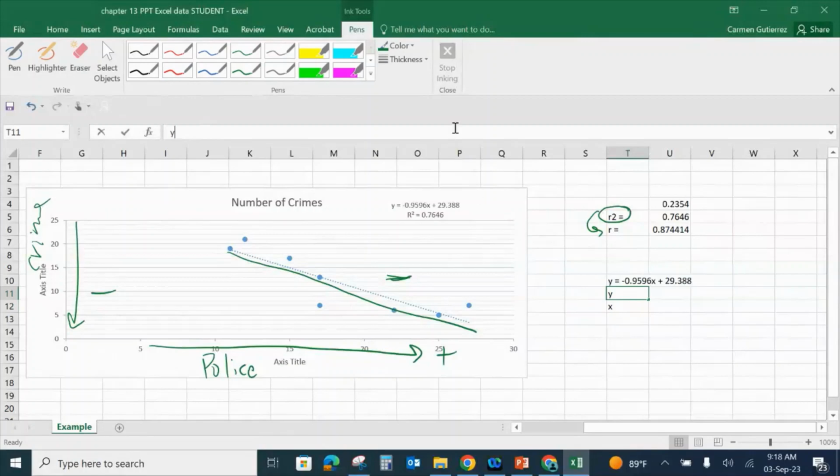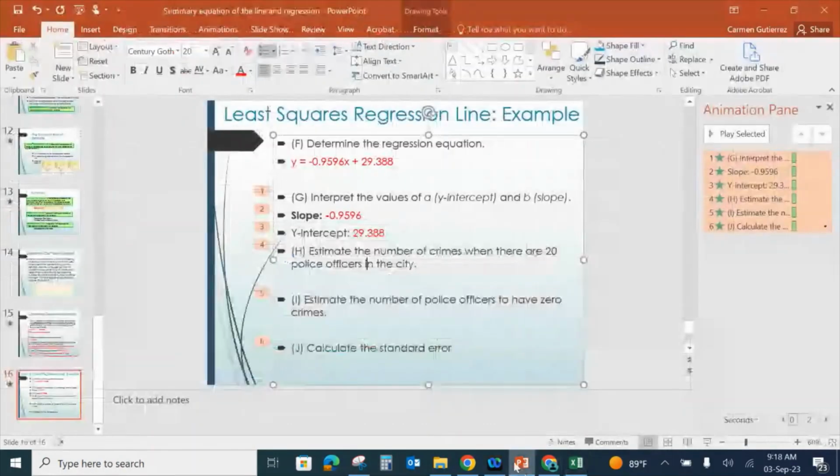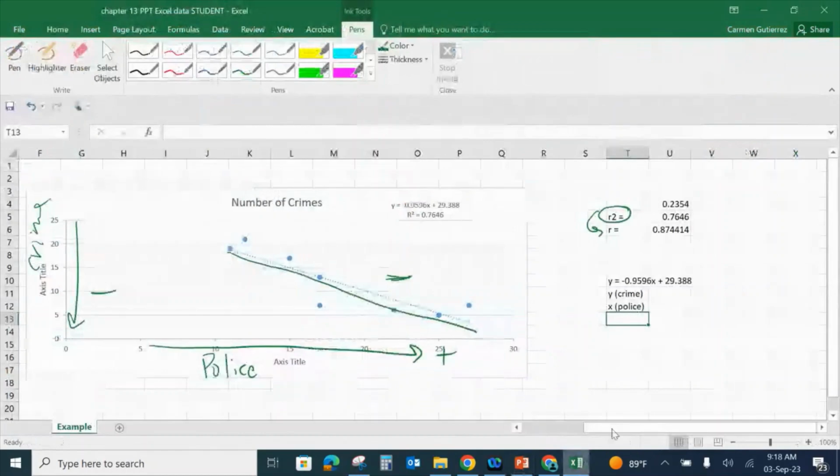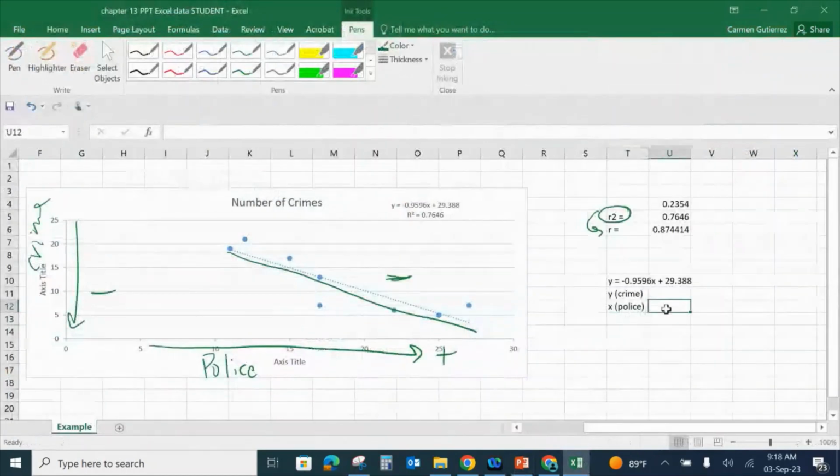And just so I don't get confused, y is crime, and x is police, number of police. So the question here is, estimate the number of crimes when police are equal to 20. So when x is equal to 20, what is my number of crimes?